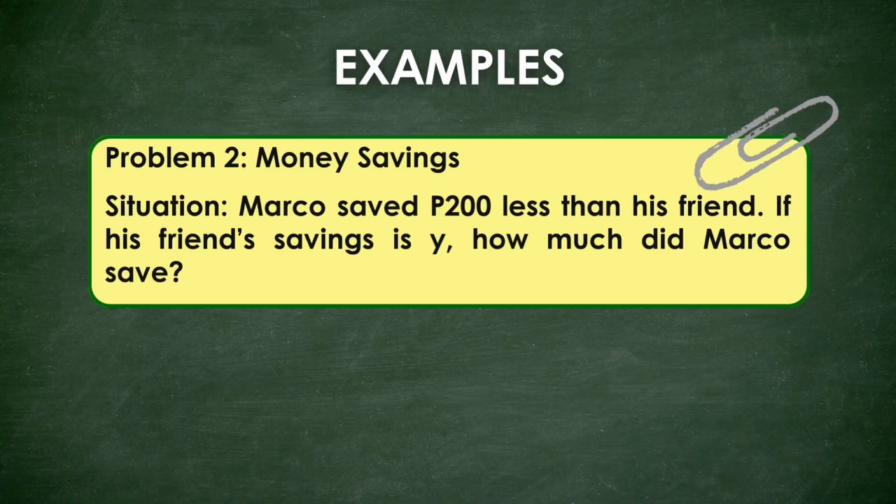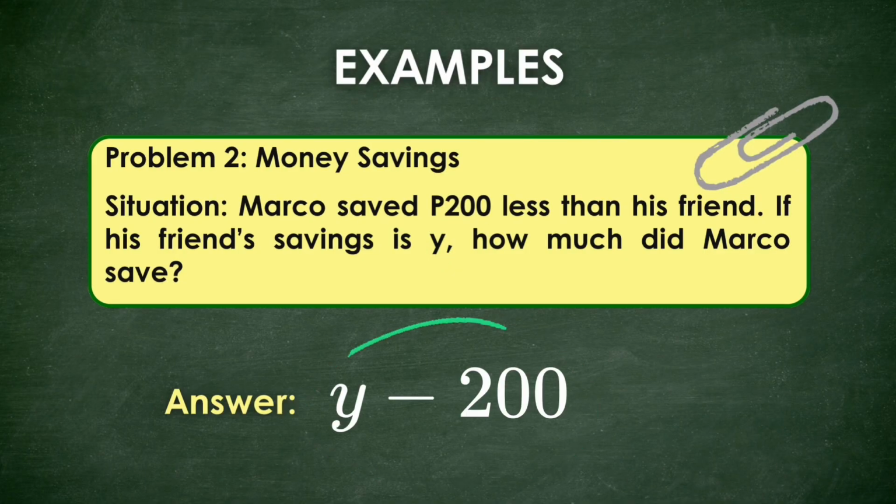The key word here is less, and less means we subtract. So, we take his friend's savings, which is y, and we subtract 200 from it. That represents what Marco saved. Marco's savings is equal to y minus 200.